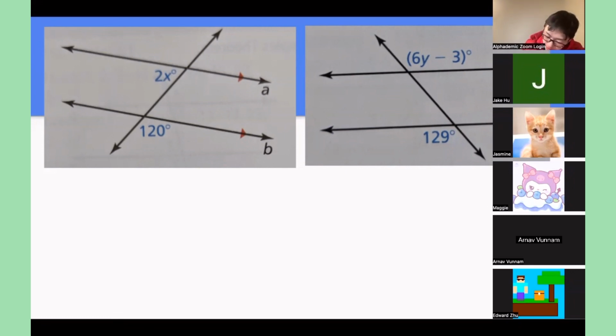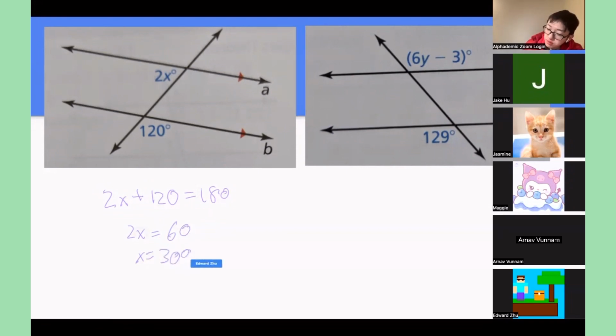So for the first one, we would first set it up as 2x plus 120 equals 180. And then from this, we would solve it just regularly like an algebraic equation where 2x equals 60, x equals 30 degrees.